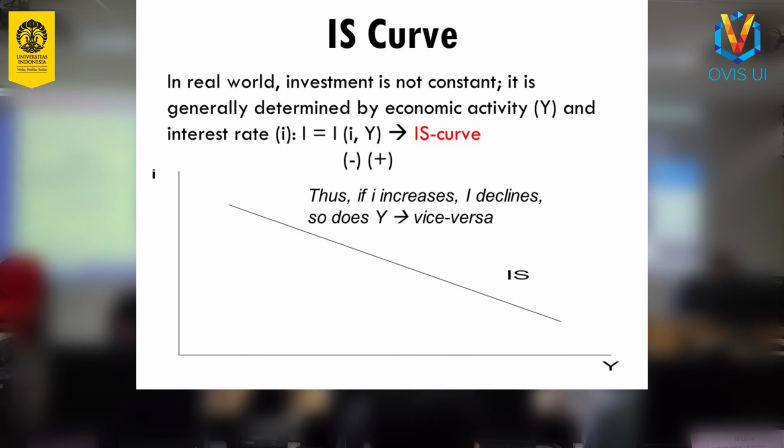So, now you learn that interest rate and investment is negatively correlated, right? And now you learn that output is also negatively correlated with interest rate. Remember that sign? So because of that negative relation between output and interest rate, then you have this curve, negatively sloped. That is called the IS curve.